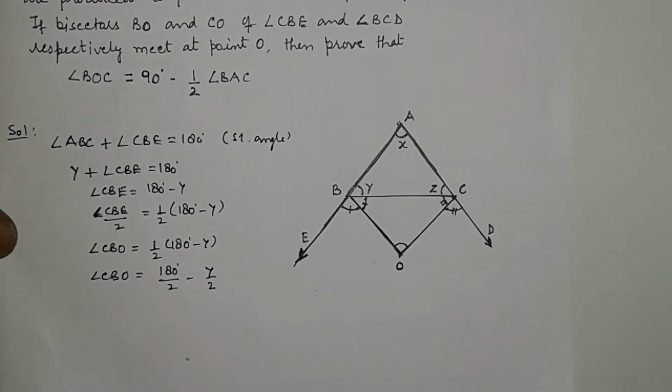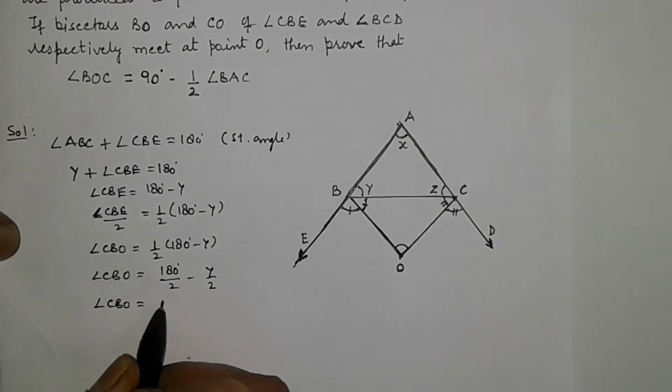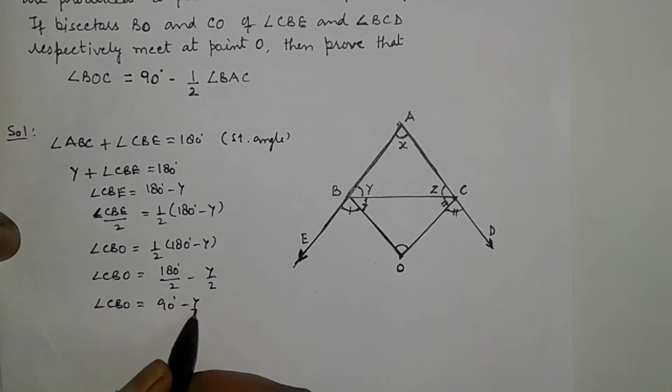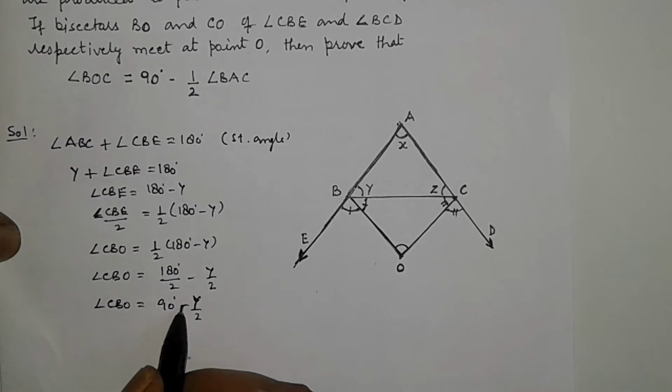So angle CBO is equal to 90 degrees minus Y by 2. So this is the first equation.